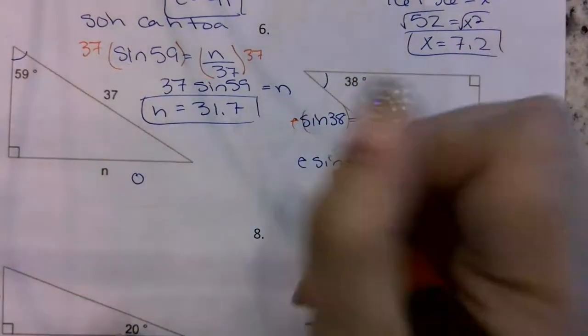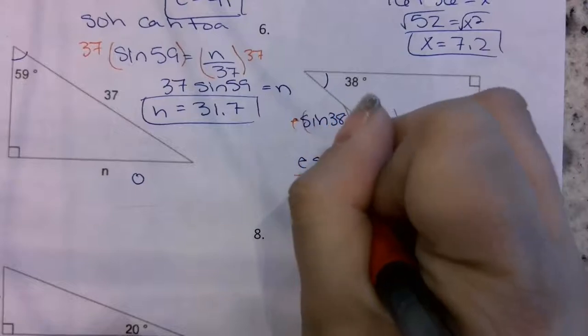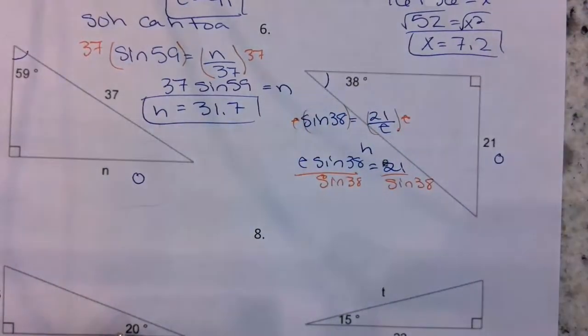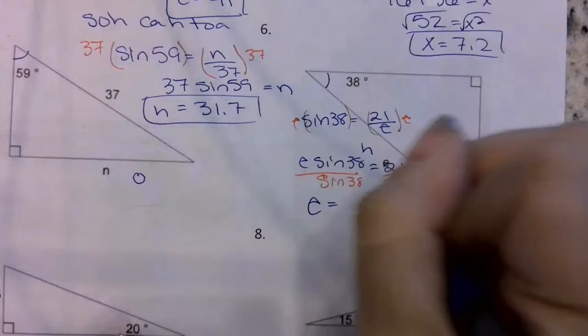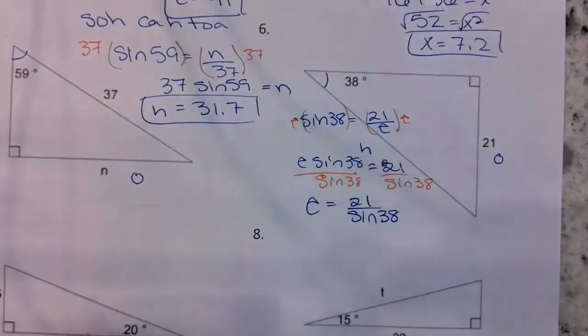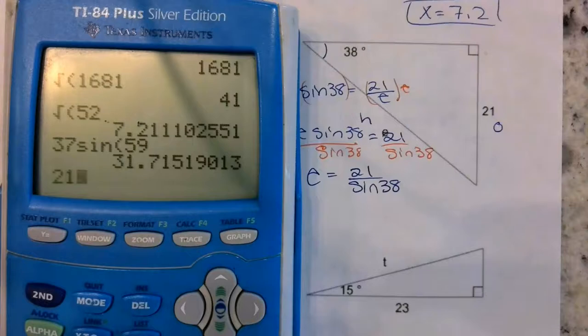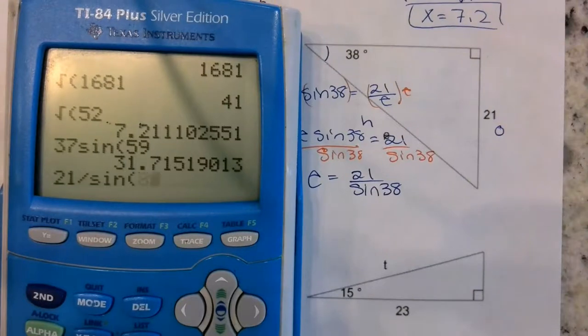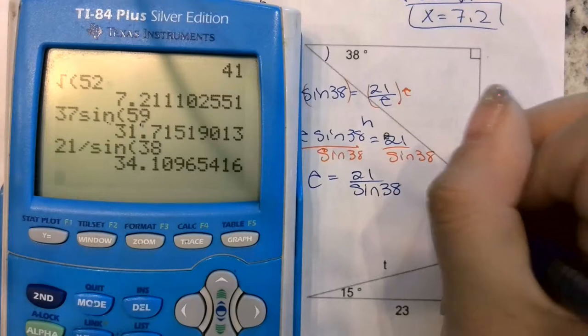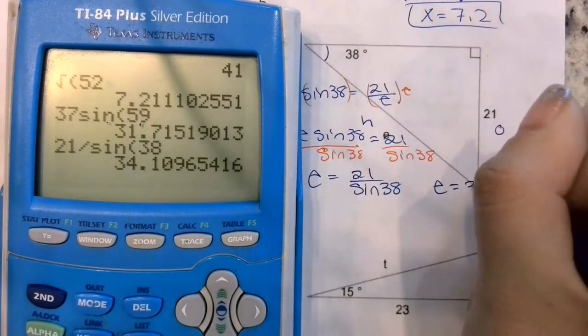Then I want to get e alone. So I'm going to divide by sine 38 on both sides. So I have e equals 21 over sine 38. And I get 34.1.